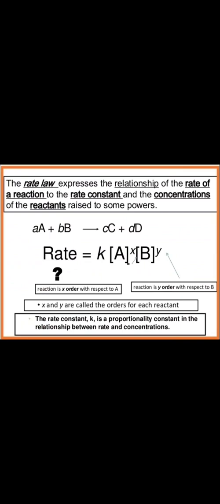So the rate of a chemical reaction is found to be proportional to the molar concentration of the reactant raised to a simple power. How? The reaction rate depends on concentration. See, the dependence of the reaction rate on the concentration of each reactant is given by a differential rate law.